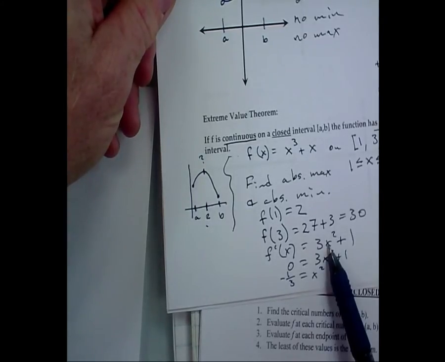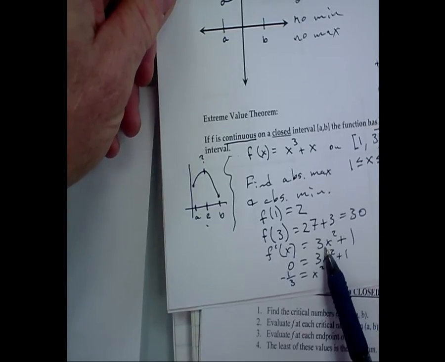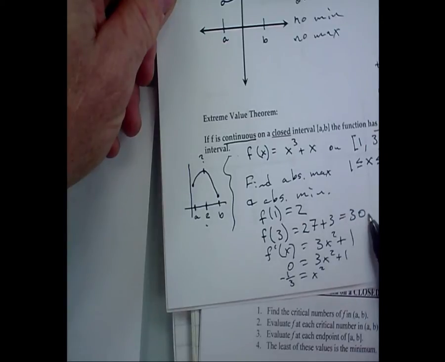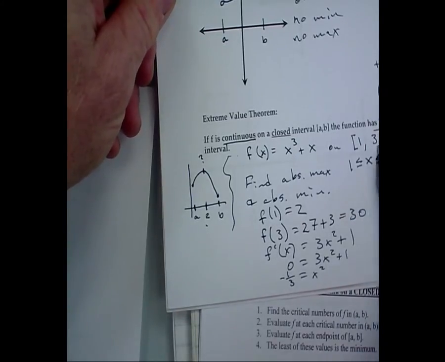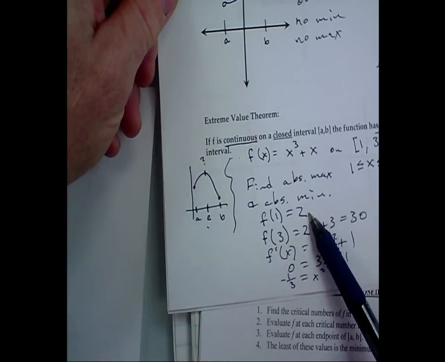This function is always growing, isn't it? If it's always growing, can it have a horizontal tangent line? Can it turn around? No, not if it's always growing. So this is the absolute max in this interval. This is the absolute min in this interval.